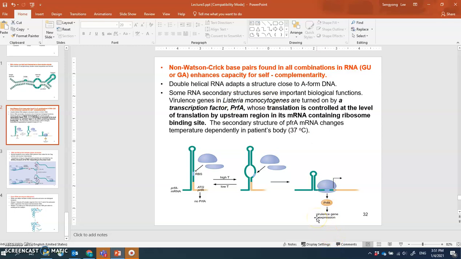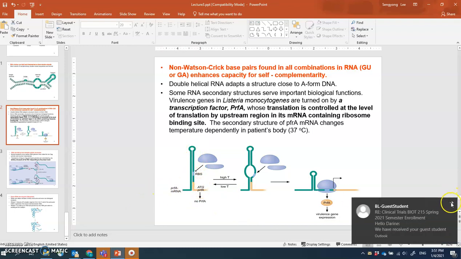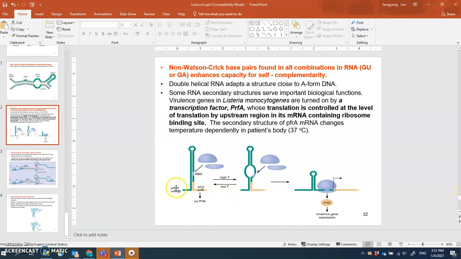Anyway, if this RNA adapts this conformation, let's say there's a pre-mRNA, and there is that, it's probably ahead of the gene coding sequence. It's a ribosome binding site. If this mRNA is available, the ribosomes will bind and then maybe start the translation.